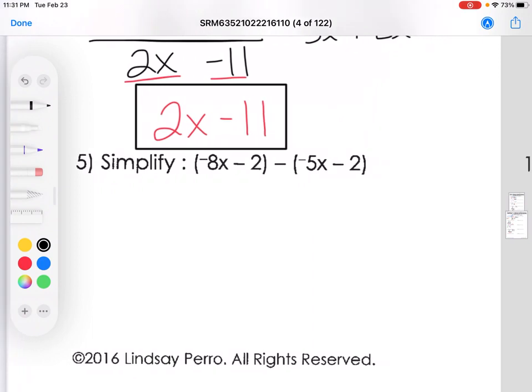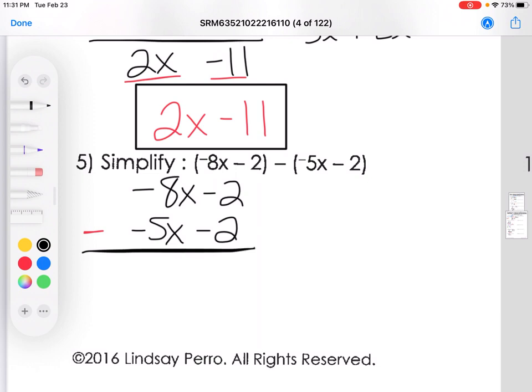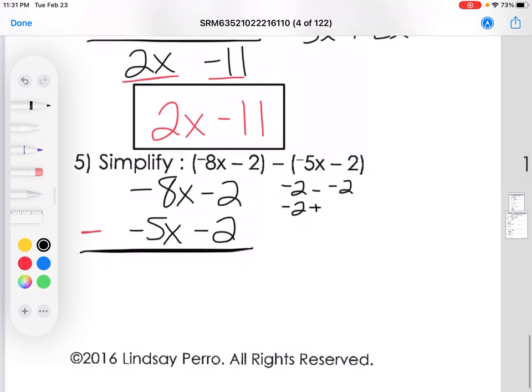Okay, last one. Negative 8x minus 2 and negative 5x minus 2. So I have negative 2 minus negative 2, which if I rewrite as addition, I know I change my sign and then use the opposite.